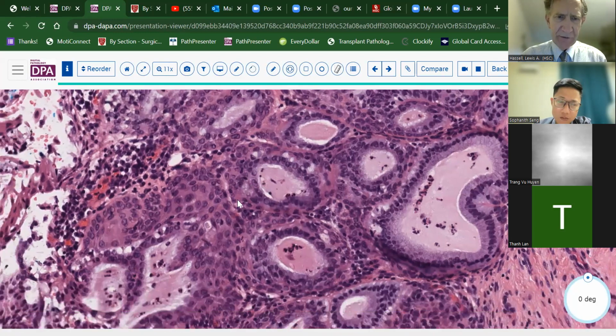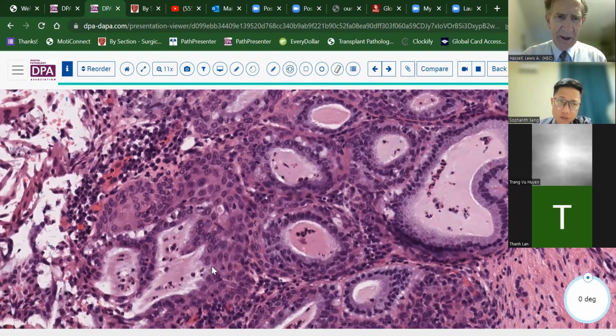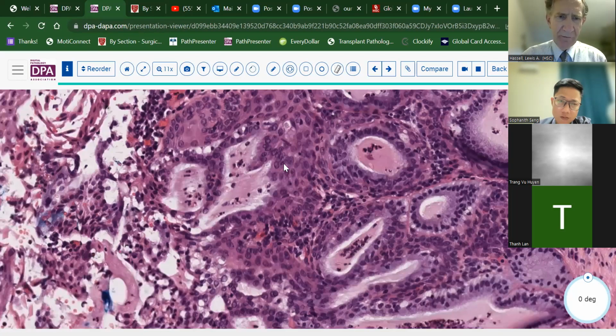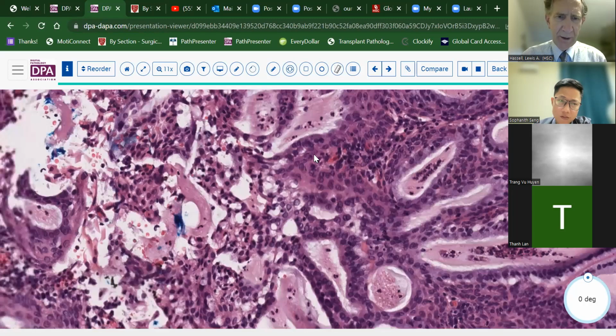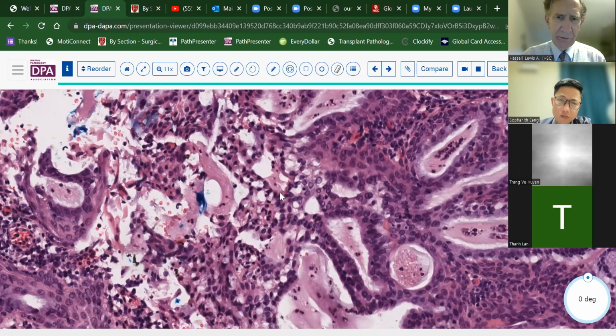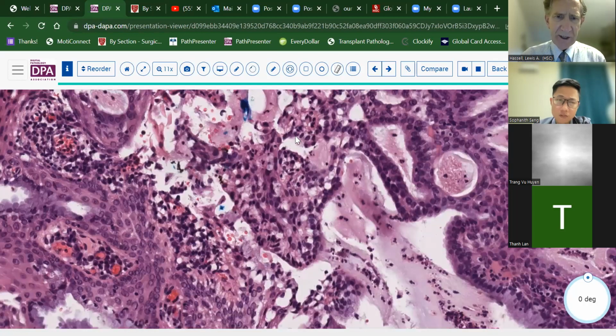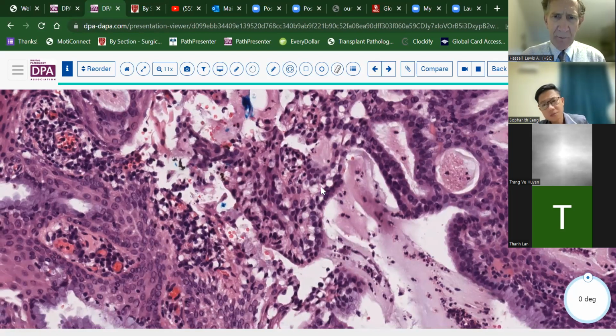As you see here, it's fairly complex in here. And we're getting quite a bit of inflammation as well. And here we've got what looks like considerable glandular complexity, a lot of this microvesicular change, along with this inflammatory change in the lumina.